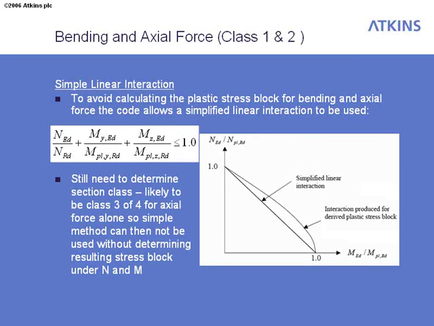And you do need to take that into account when you do the calculation, because in the event where you have a class 3 or 4 section for the axial load, you can no longer use this simple interaction formula, and you have to do some more complicated equations, and you have to start determining the actual stress block that you get under both the combined axial load and moment that you have within the section. And you could potentially end up having to reclassify this section.